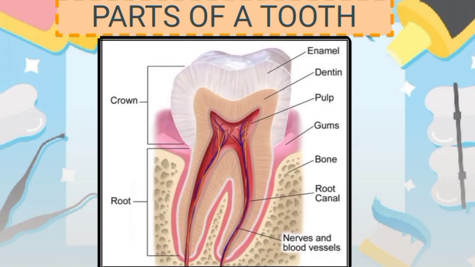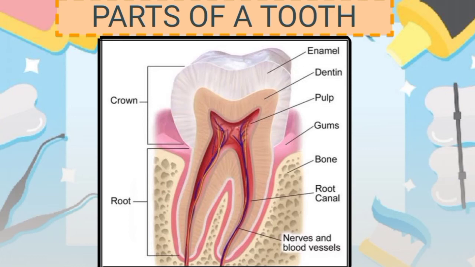Below the enamel lies the hard dentine. Now let me explain again. A tooth has a crown and a root. The crown is the part we see, whereas the root is the part inside the gums.